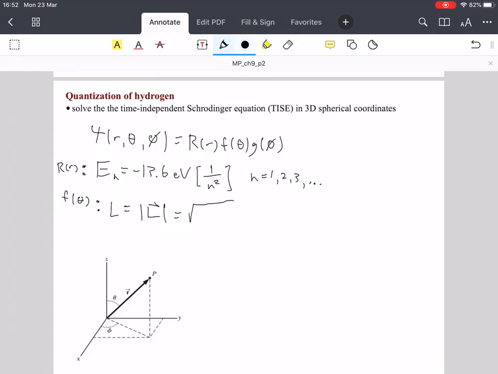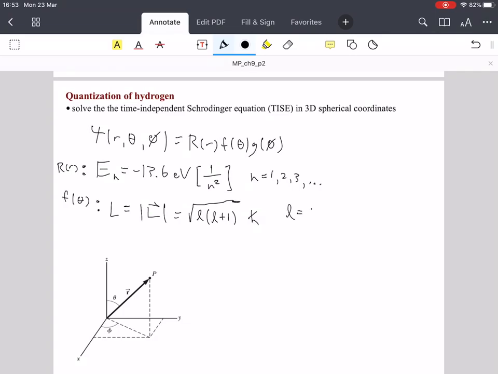And what we see is an interesting relationship where we've now got a new quantum number, L. So we've got the square root of L times L plus 1, and that is all multiplied by h bar.